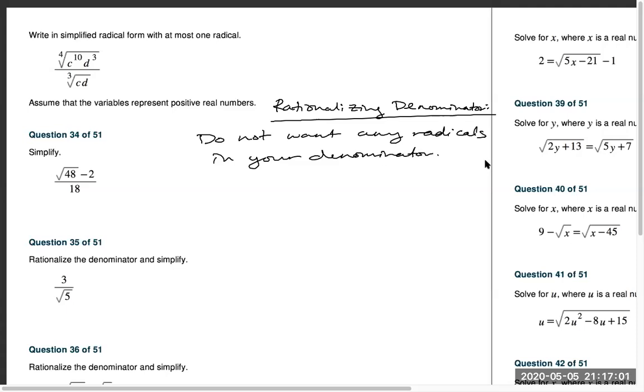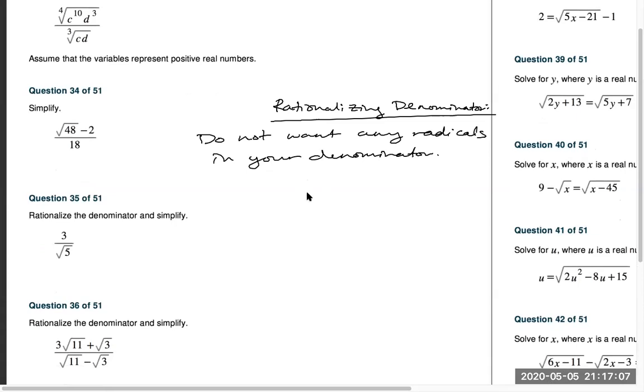Okay, and there's actually going to be two ways that we deal with this. So we're going to actually look at both 35 and 36 for this, because these are the two ways that you can do it.